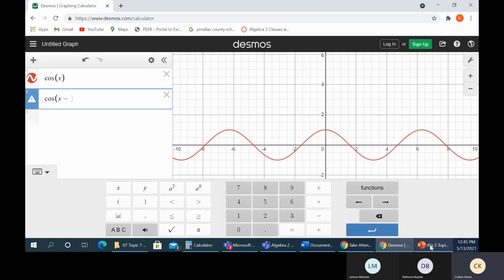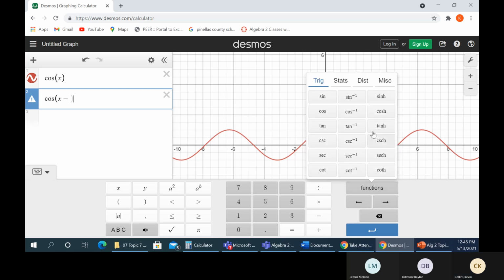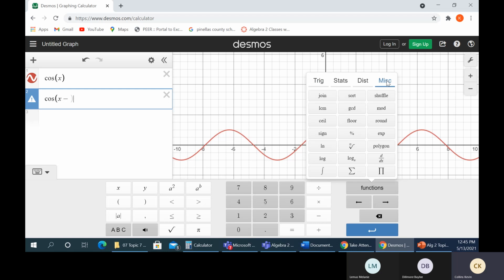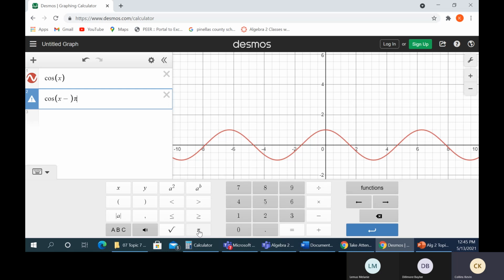Okay. So then minus, and I think we got a pi on this thing. Let me check. Miscellaneous. Got a pi on here? Oh, there it is. It's down in the corner. Never mind. We don't want it outside. We want it inside.